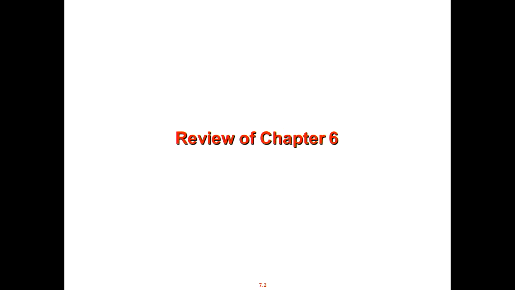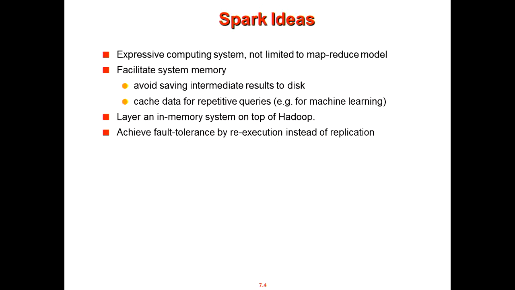Because last week was a gap, let's have a review of chapter 6. First, why we need Spark and why Spark was developed. The major idea is that in MapReduce, the sharing is based on disk, right? So it is not suitable for iterative jobs, because between each iteration the data sharing is based on HDFS, which means the I/O cost is very high, and it is also not very suitable for interactive problems.